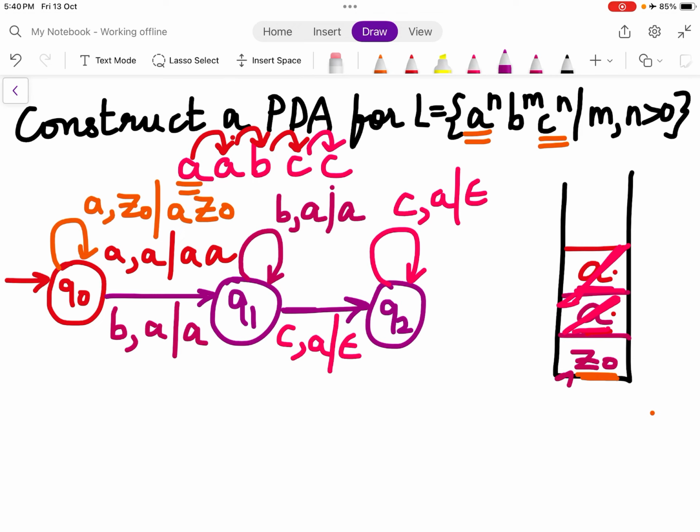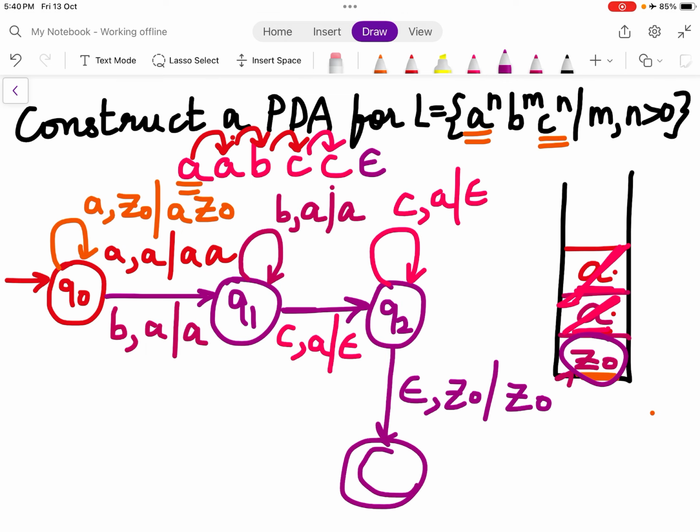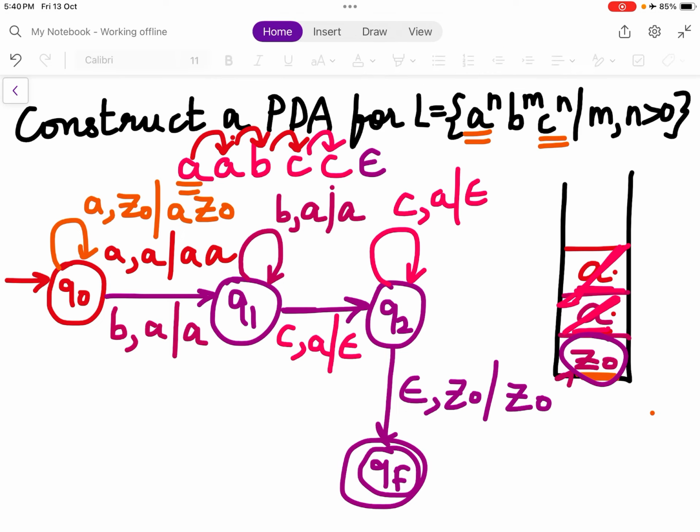Now, nothing is remaining in the string, there is an epsilon. So, epsilon, on top of the stack you have a Z0. You will just write a Z0 on the stack, and this will become your final state. That is your Q final state.